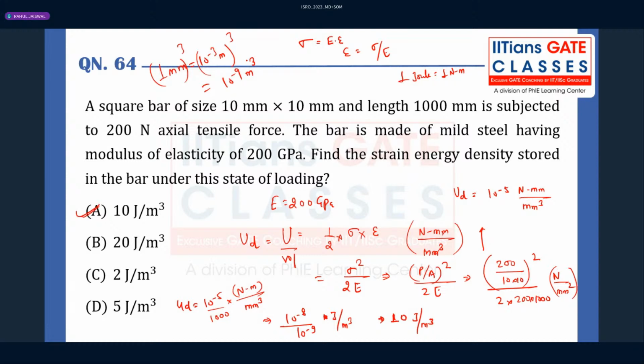That's how in the denominator we have 10 to the power minus 9. 1 gigapascal is 1000 megapascal. We also call this term the modulus of resilience, right? Modulus of resilience.